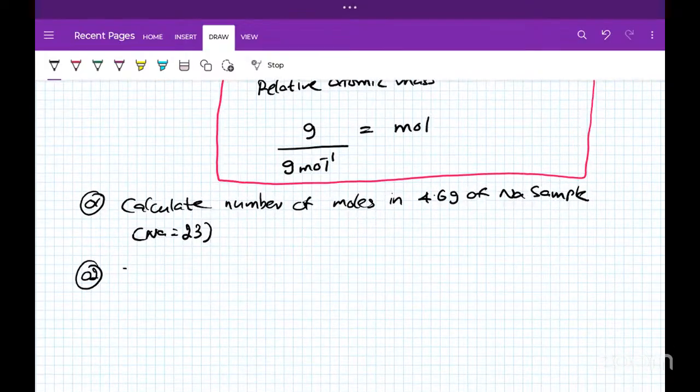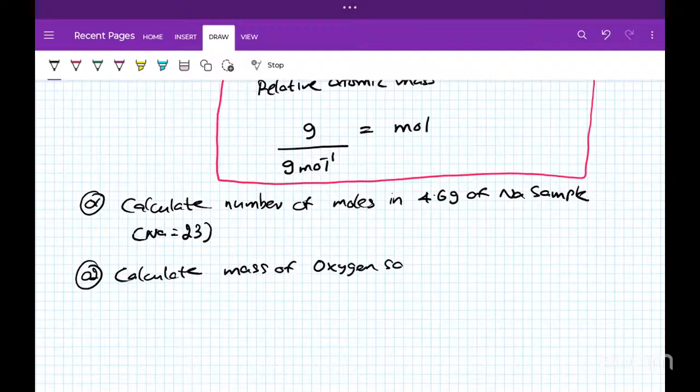Number 2: calculate the mass of an oxygen sample, the mass of a 0.08 mole oxygen sample.